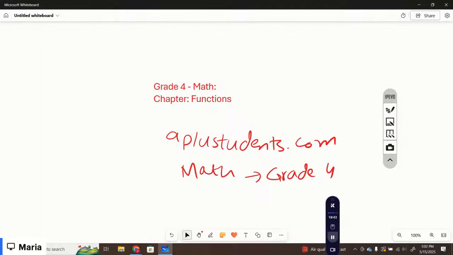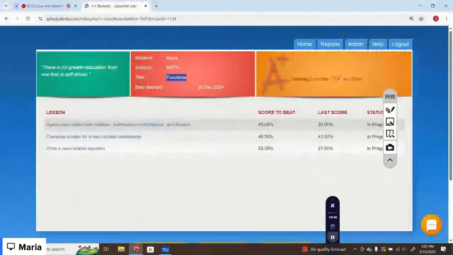Please make sure you have your microphone connected so that you can hear the important examples and definitions as well. I'm on page 4 now. The chapter right now is functions. Let's start with the first lesson, that is input and output tables, addition, subtraction, multiplication, and division.